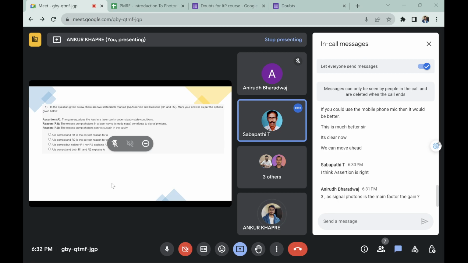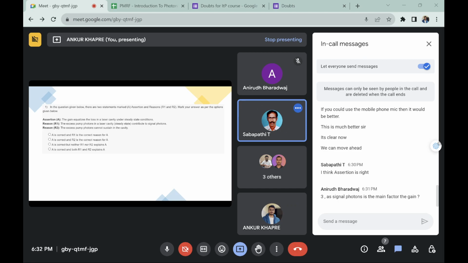So that is the correct reason. Automatically reason 2 becomes incorrect. It doesn't talk about incorrect reasons here. Directly it is asking whether A is correct or not. So A is correct, reason 1 is correct, so the first one is the only correct option.